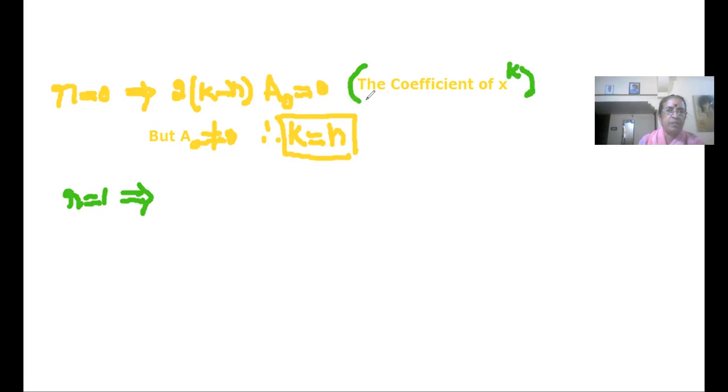Of course, we are comparing this with x power k. Here, when you compare the coefficient of x power k minus 1, the above equation reduces to the form 2a1.